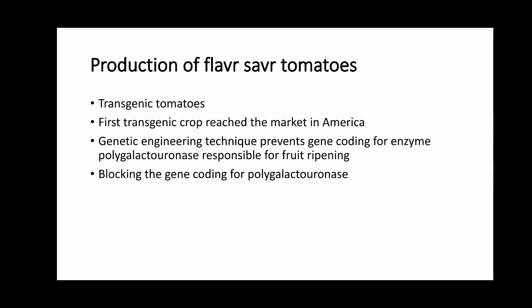Right, these are two more advantages of GM crops. For reduced post harvest losses, I have explained with an example, right? It was the production of flavor savor tomatoes. These tomatoes are genetically modified tomatoes. So this is also a product of biotechnology.